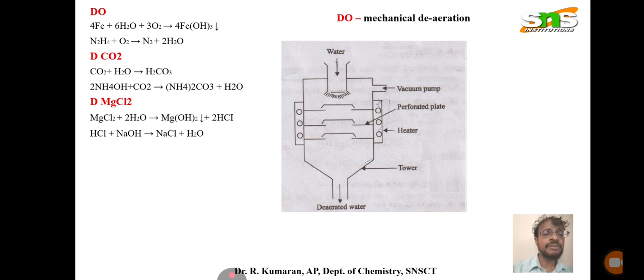By supplying a vacuum pump, supplying vacuum, the deaerated water is collected. These are some of the methods and techniques to avoid those impurities present in the water. Thank you so much for listening.